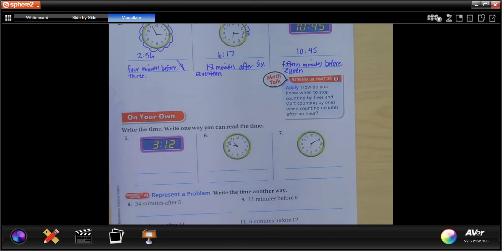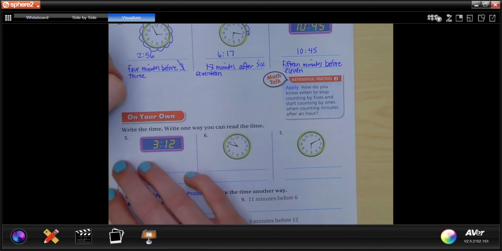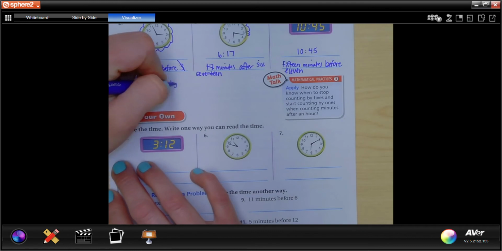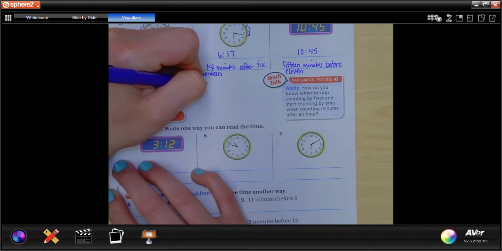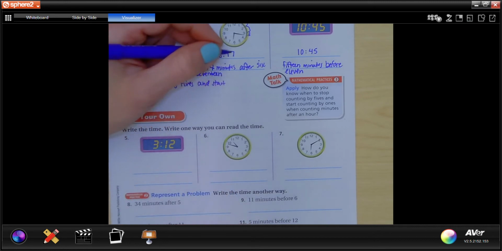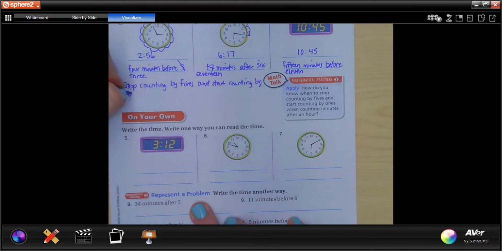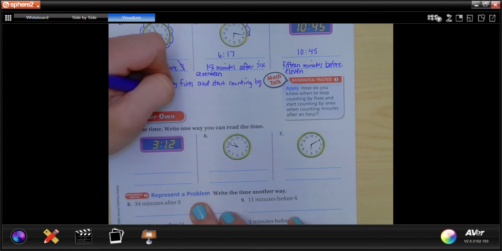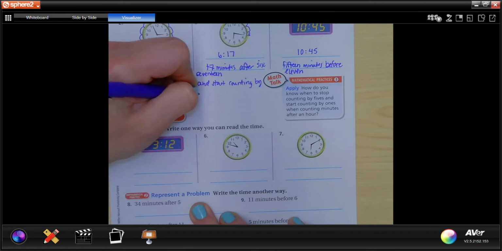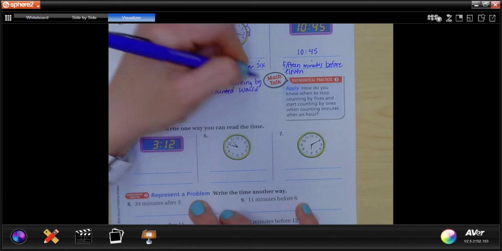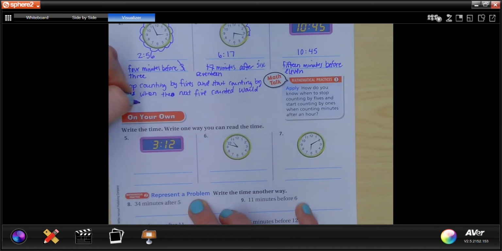Well, we stop counting by fives and start counting by ones when the next 5 counted would pass the minute hand.